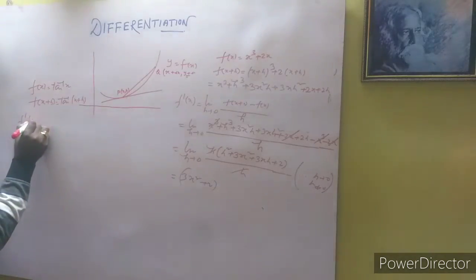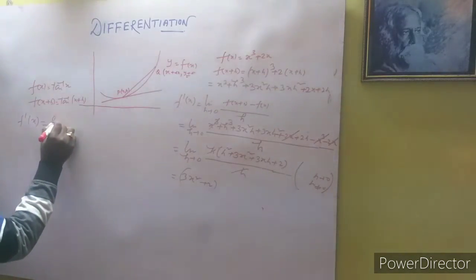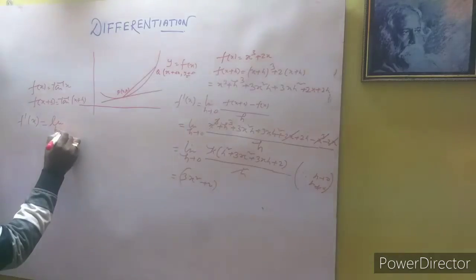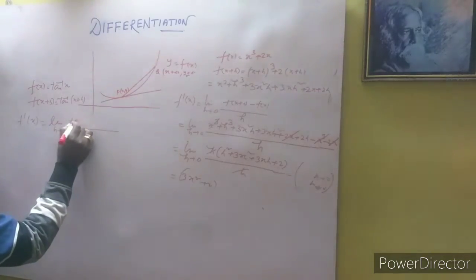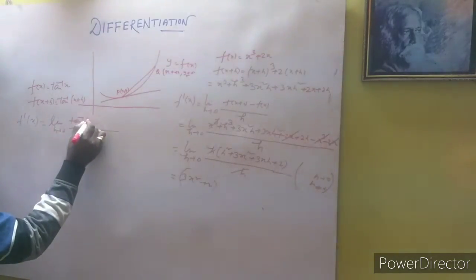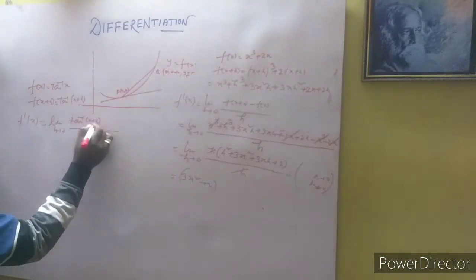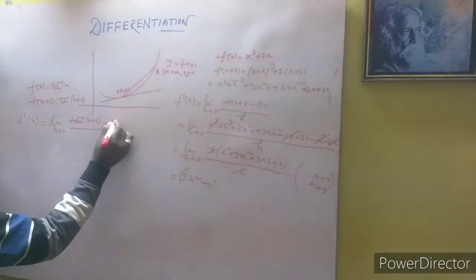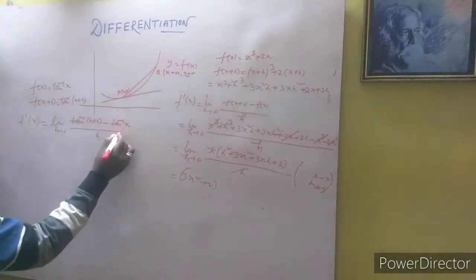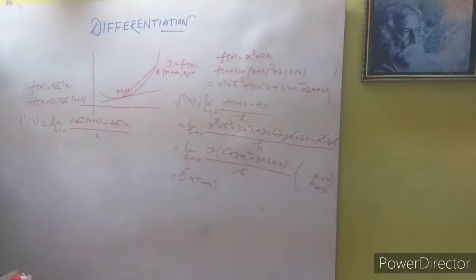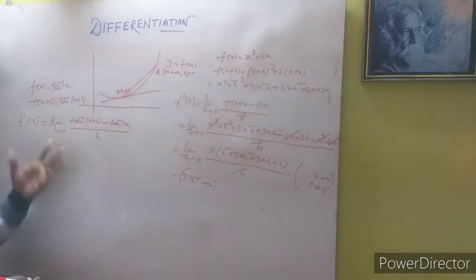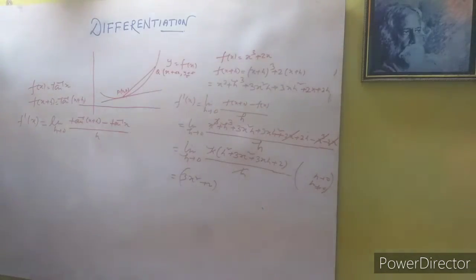Now f dash x is limit h tends to 0, and this is tan inverse of x plus h minus tan inverse x by h. We can use the inverse formula, then follow the procedure.